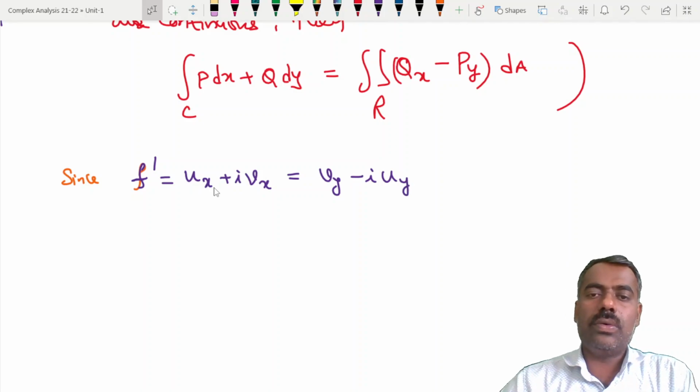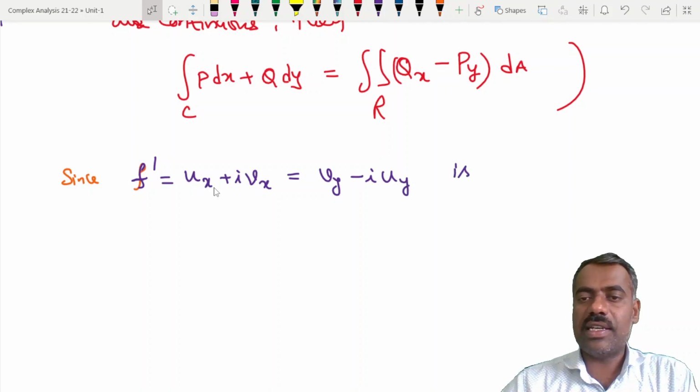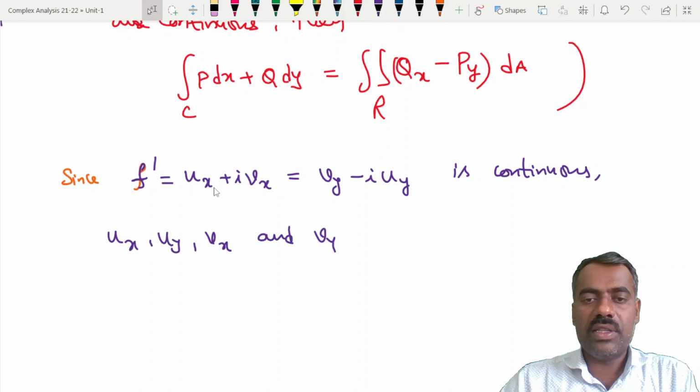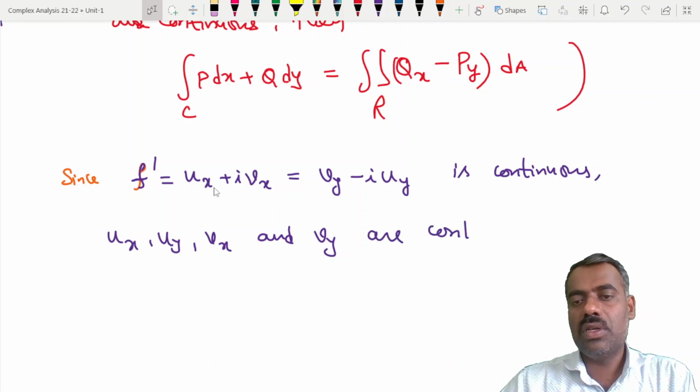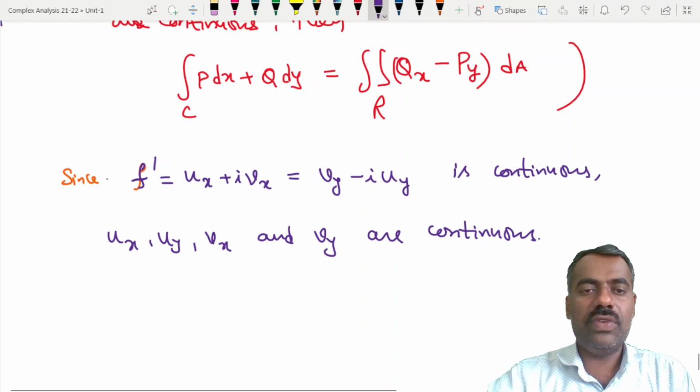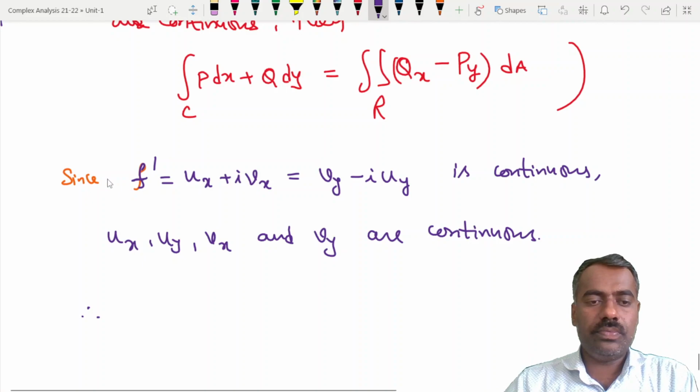So what we know is that since f dash is continuous, u, ux, uy, vx and vy are all continuous. Therefore, if you take this as P and this as Q, they are continuous, so we can apply Green's theorem.